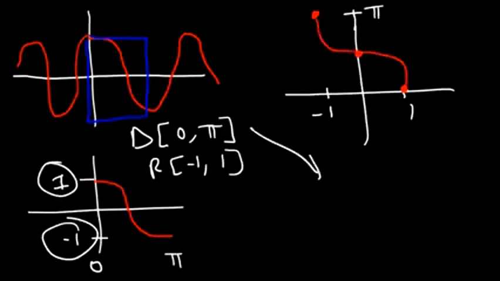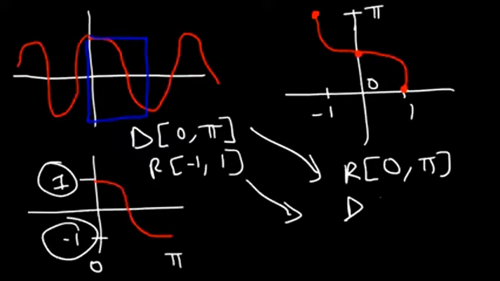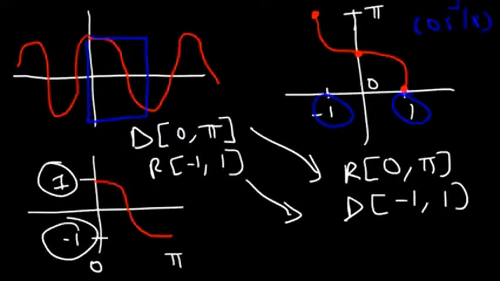So the domain will become the range of this function, which is 0 to pi. And the range turns into the domain, which is negative 1 to 1, as we can see here. So that is the graph of the inverse cosine of x. This is it.